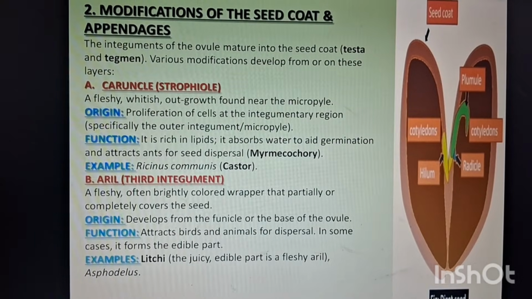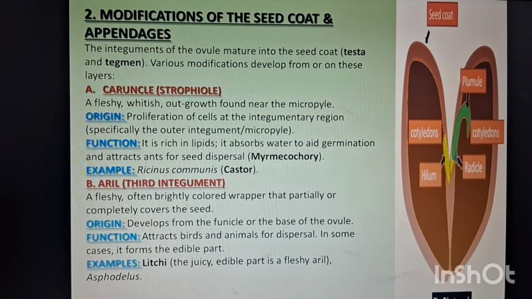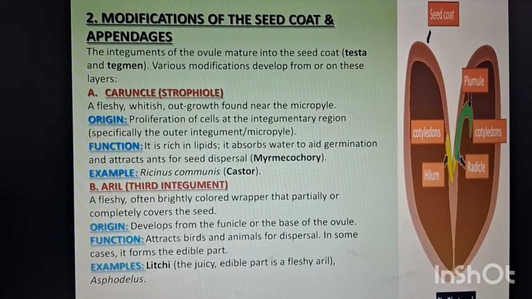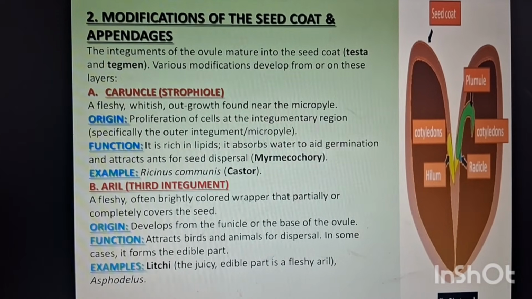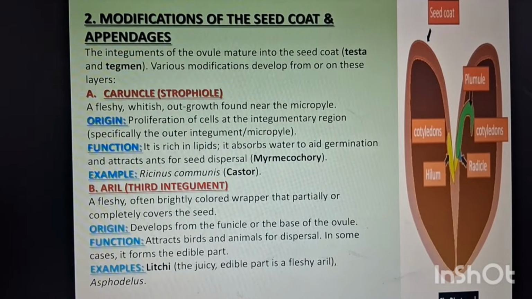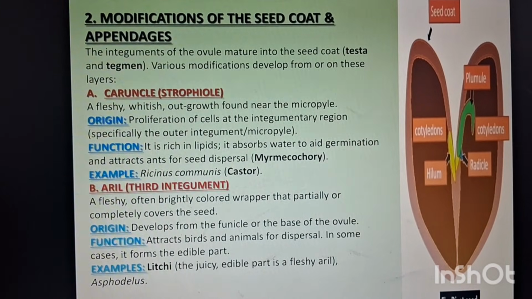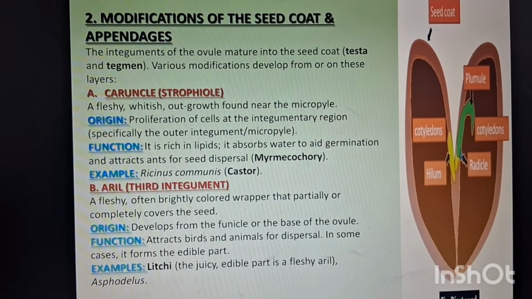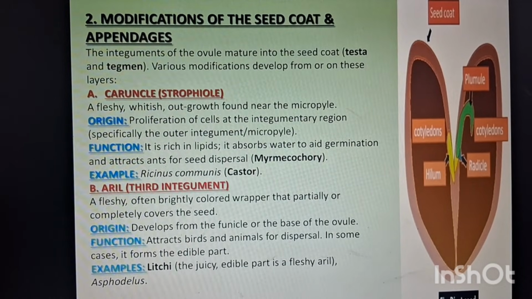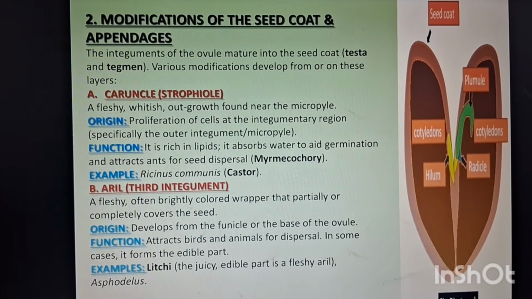Next, modification of the seed coat and appendages. The integuments of the ovule mature into the seed coat, that is testa and tegmen, and various modifications develop from or on these layers. First is the caruncle or strophiole, a fleshy whitish outgrowth found near the micropyle.